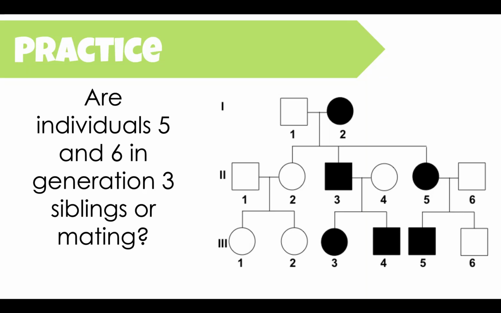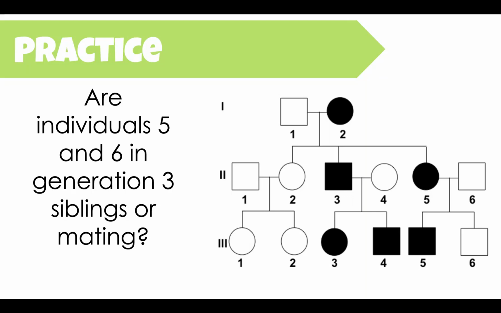Let's do some more practice. So are individuals 5 and 6 in generation 3 siblings, or are they mating? So we need to find generation 3. That is this last row in this pedigree. And we're looking at individuals 5 and individuals 6. So it's asking, are they siblings or are they mating? So if they're mating, there should be a line connecting the two.